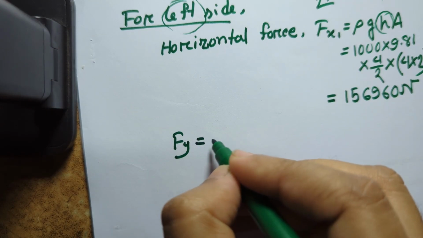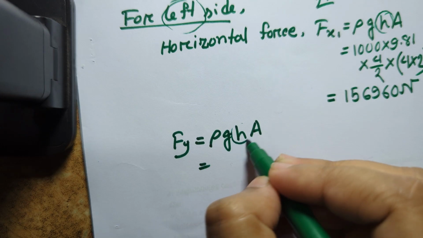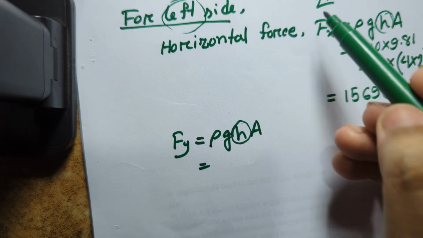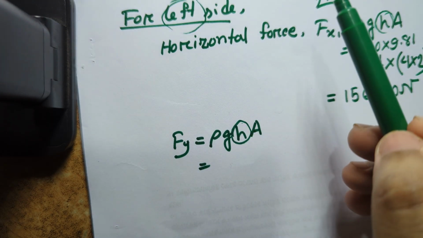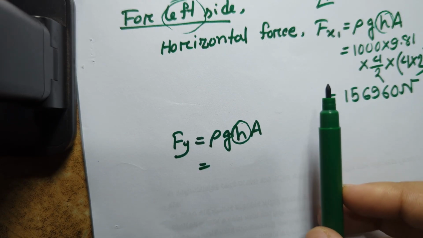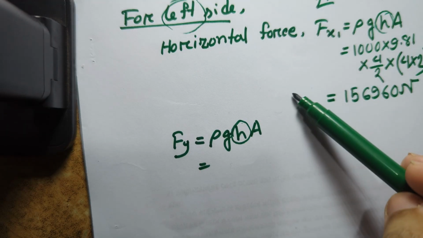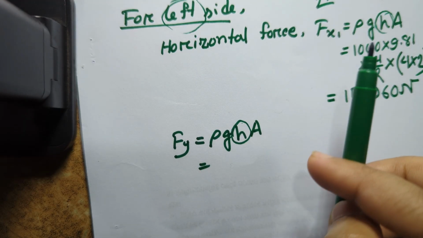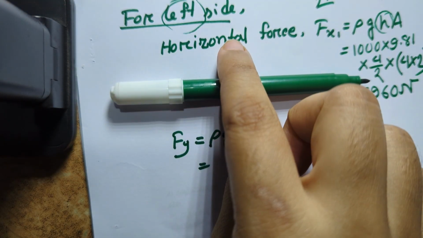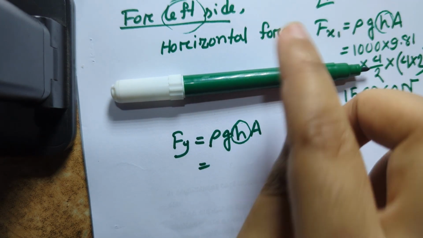Then see the vertical force, which is Fy. So here Fy will be rho g h a. Here h will be the total height, because the vertical force works at the lower part of the surface. So we count the total height of the fluid, from the upper surface to the lower surface, while the horizontal force works at the centroid, so we took half of the height.